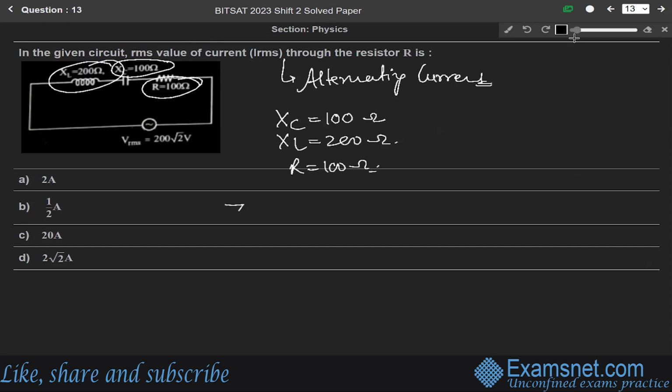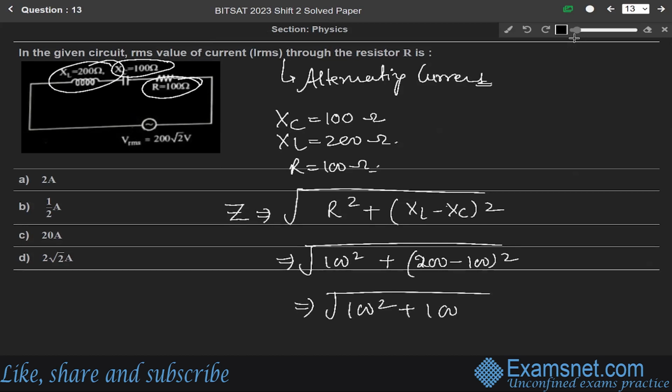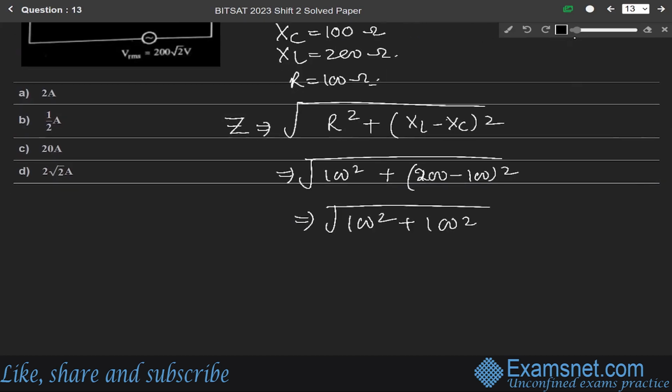So we know that the impedance Z is equal to the square root of R square plus (XL minus XC) whole square. So just put the values. R is 100, square, plus 200 minus 100 whole square. Solving it, we get 100 square plus 100 square. So impedance Z is equal to 100 root 2 ohm.